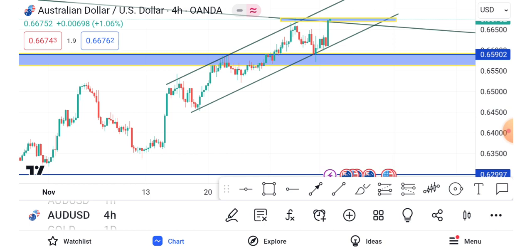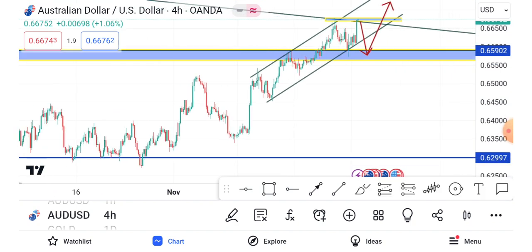And we all know what happens when an equal high is created. The market might reverse before continuing towards the upside.